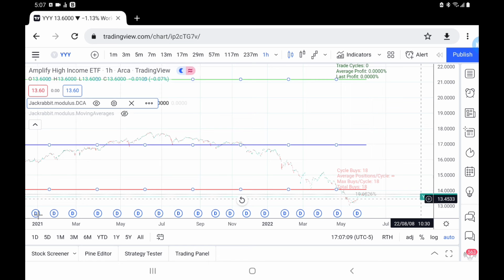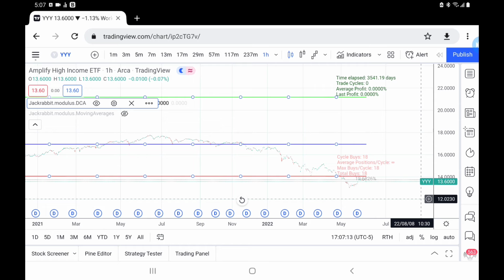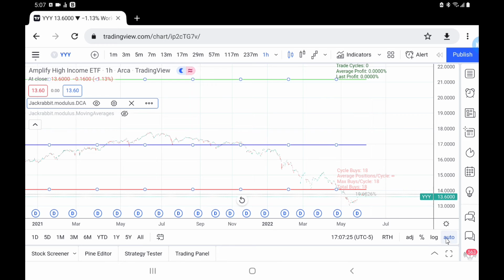And some assets simply haven't had enough time at all to even go through one trade cycle if you're into this kind of an asset. Now, if you did simply reoccurring purchases, you would have more positions.